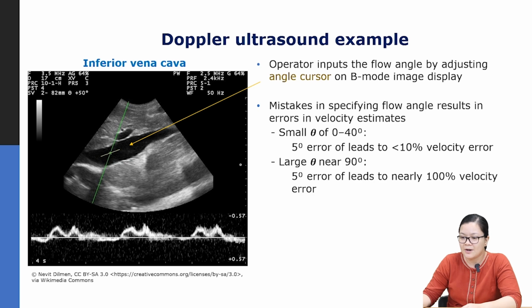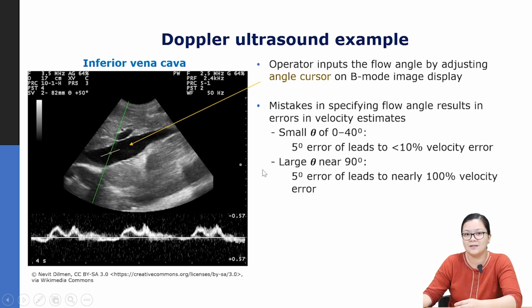But as you can see, all of this is operator dependent, and there can be mistakes in specifying this flow angle. So there can be some errors in the velocity estimates as well. If you situate the angle at very small angles of around 0 to 40 degrees, any 5-degree error can lead to less than 10% velocity error, which is not so bad.